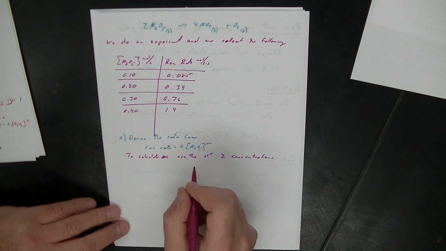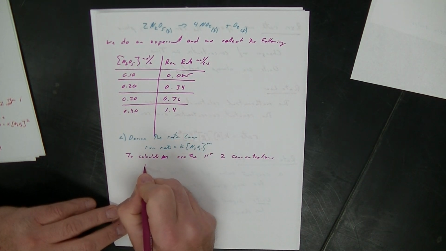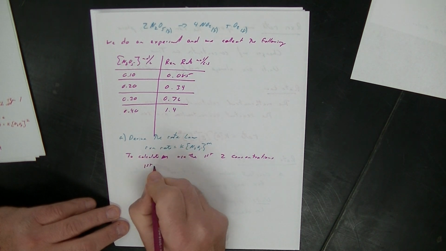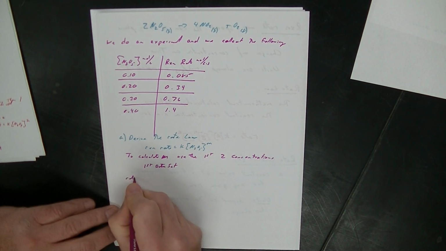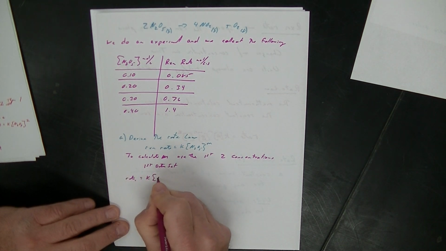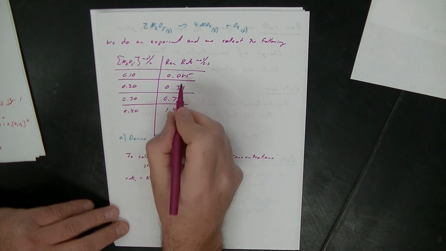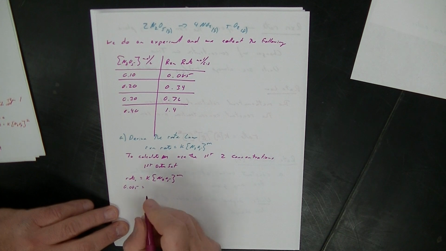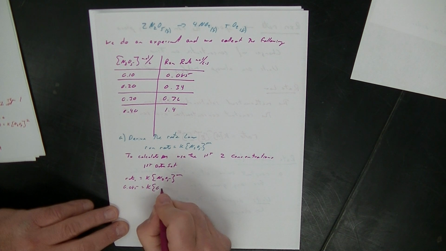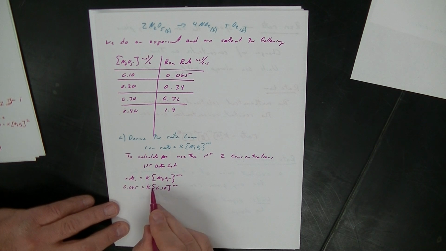So for my first rate, okay, so our first data set, rate 1 is equal to K times the concentration of N2O5 to the M. Okay, so the rate is 0.085 equals K. We know the concentration is 0.10 to the M. So we can fill that in for our first data set.